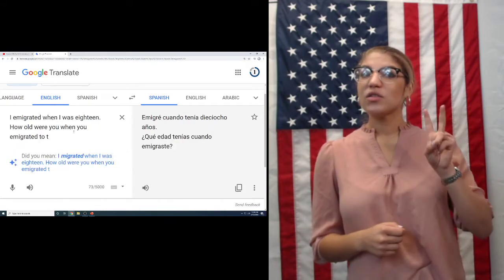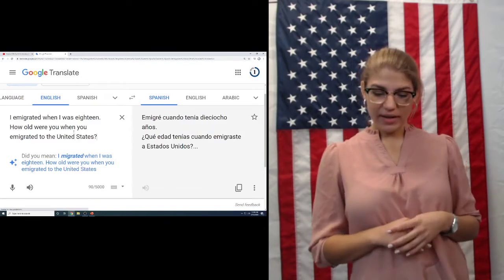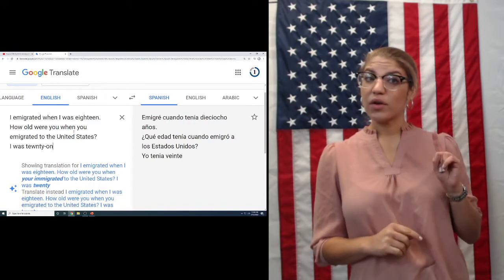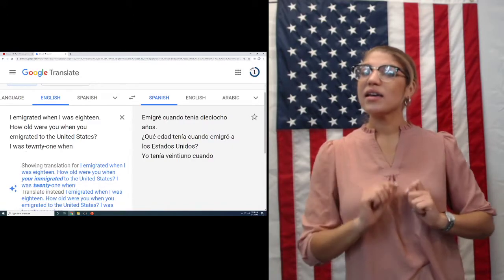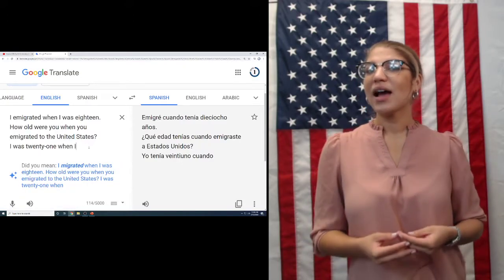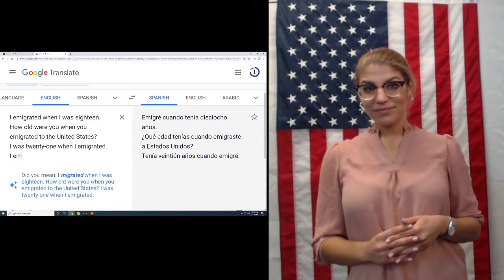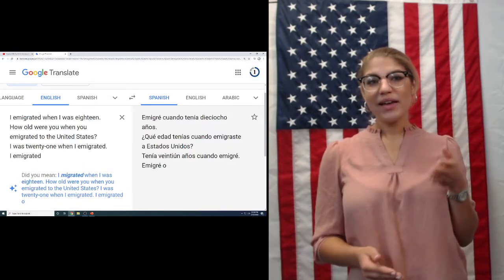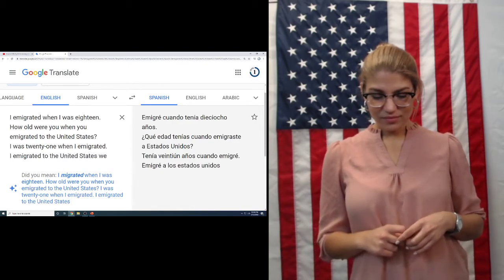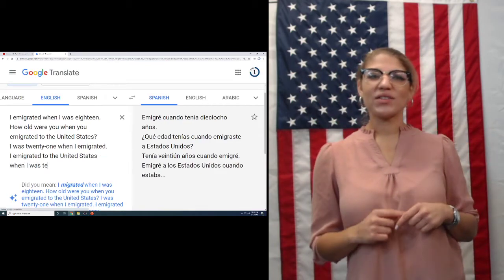I was 21 when I immigrated to the United States. Or equally, I immigrated to the United States when I was 21. We have two options. I was 21, or I immigrated when I was 21.